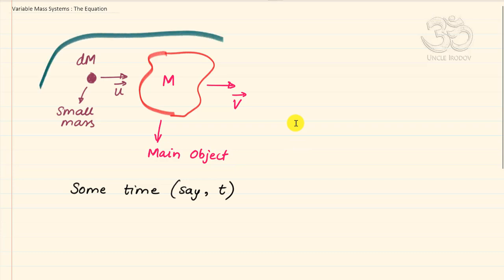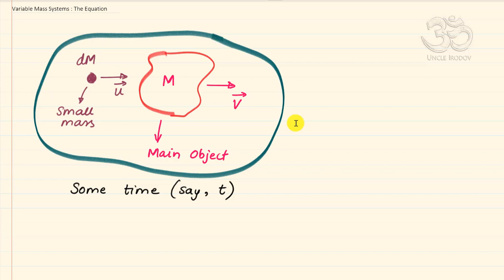This green thing is the system that I want to analyze. So any forces acting between this small mass and the main object are internal forces, and we are not going to use them in our analysis. External forces will have to be used.